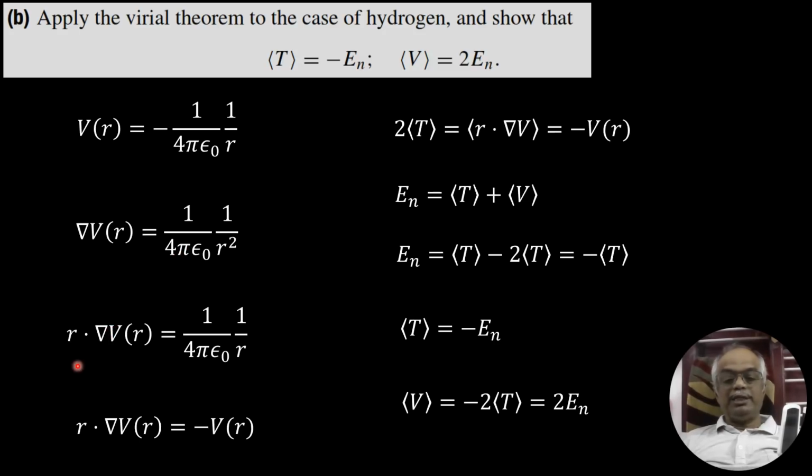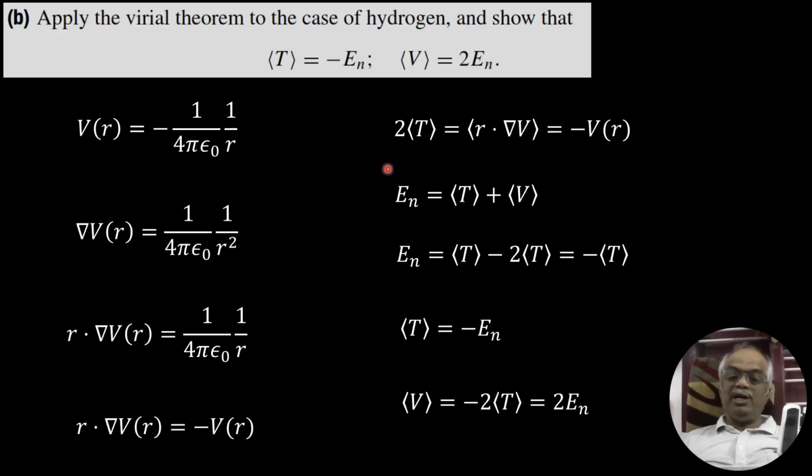So now you multiply this by r: r dot ∇V(r) is equal to 1 over 4πε₀ times 1 over r. That means r dot ∇V(r) is equal to minus V(r), just this with negative sign.